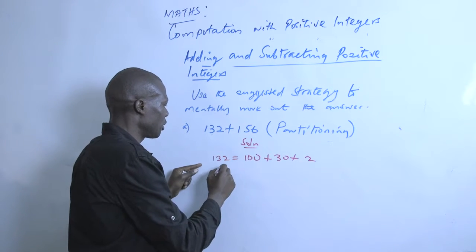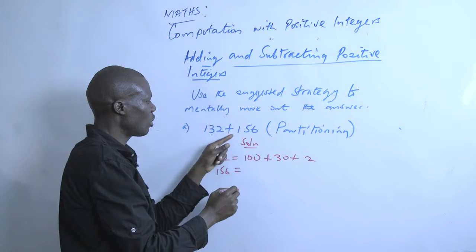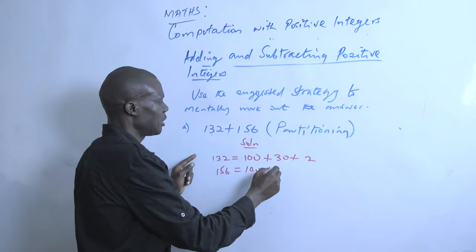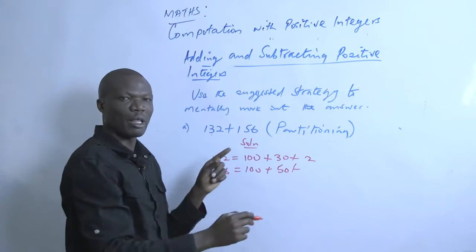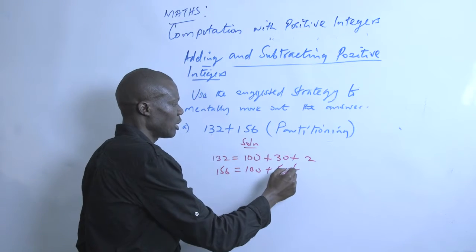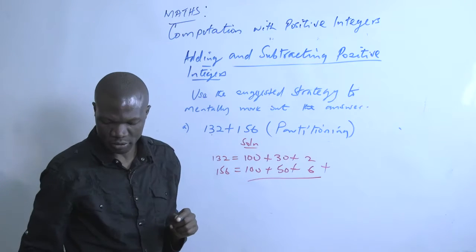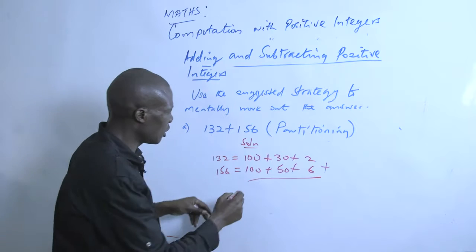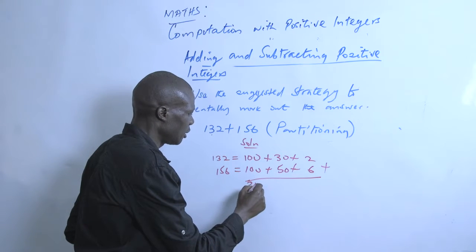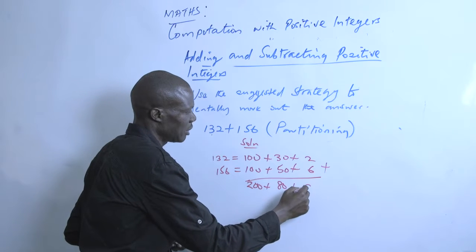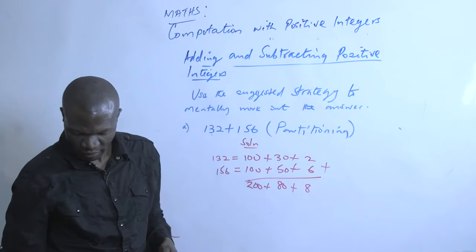And then 156, the position of 1 is 100, the position of 5 is 10, so this gives us 50. The position of 6 is 1, which gives us 6. We are adding. So you'll find that this one gives us 200 plus this is 80 plus this is 8.